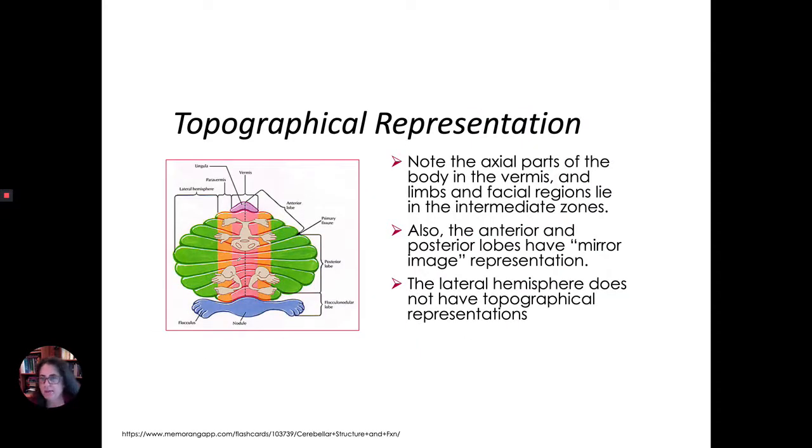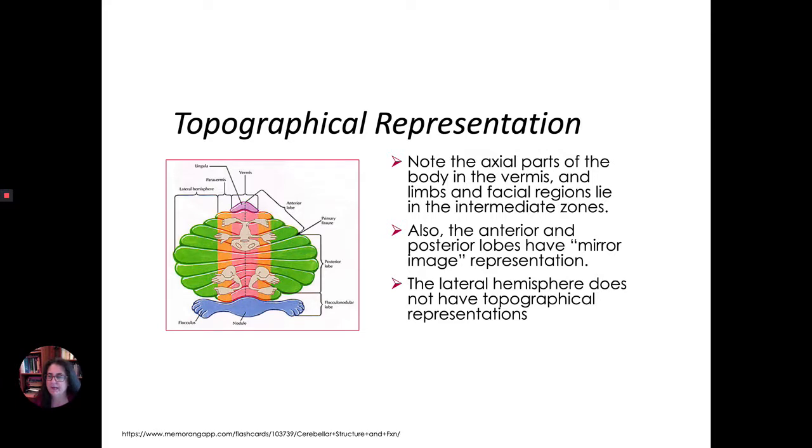Do we have a topographical representation in the cerebellum? Well, yes and no. If you're asking about the vermis and the intermediate zones of the cerebellum, then yes, we do have a homunculus of sorts. Although the homunculus is a little odd in that the anterior lobe has a different homunculus than the posterior lobe.